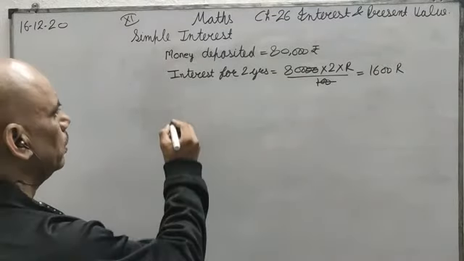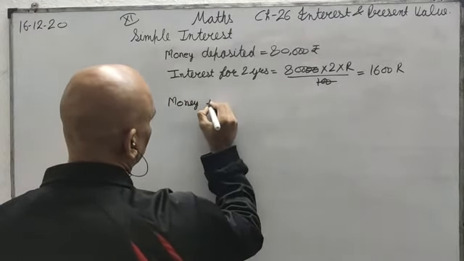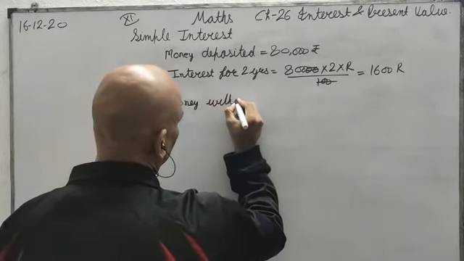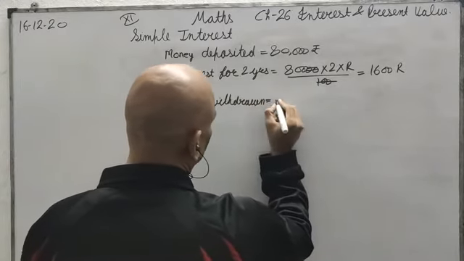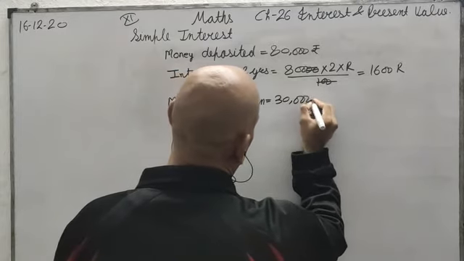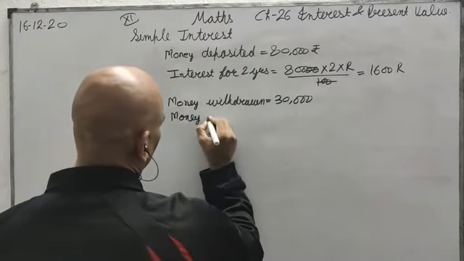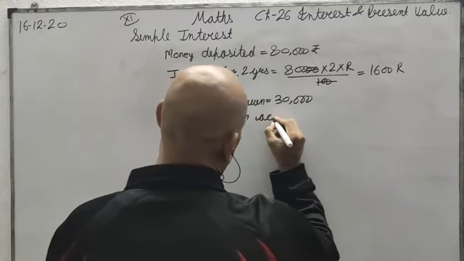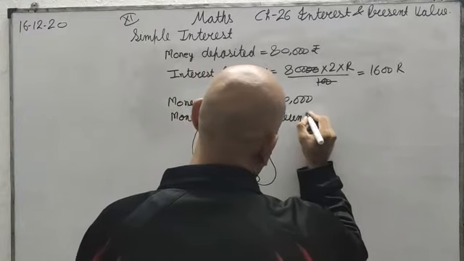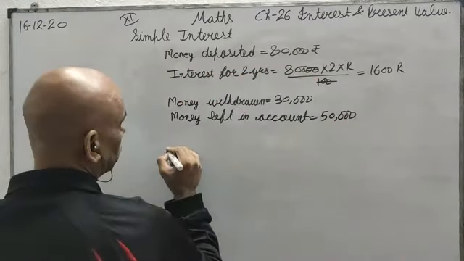Now money withdrawn is equal to 30,000 and money left in account is 50,000.